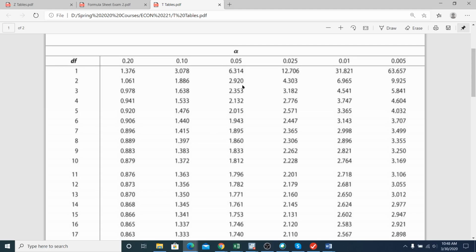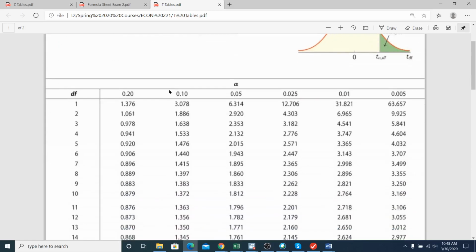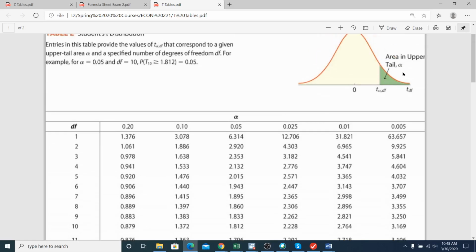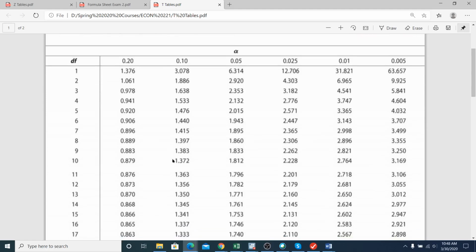If we want to find a critical value using the student t-distribution, now we know the area in the tail, which is what these column headings represent. So if we know the area in the tail and want to find a cutoff value, that's a critical value. So look up the area we want in the tail here, then go down and find the critical value. Does that help clarify a little bit, at least between the two different tables?